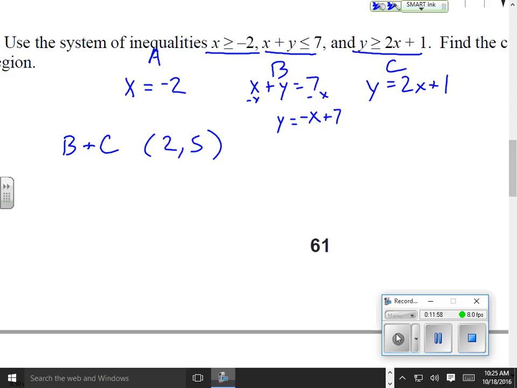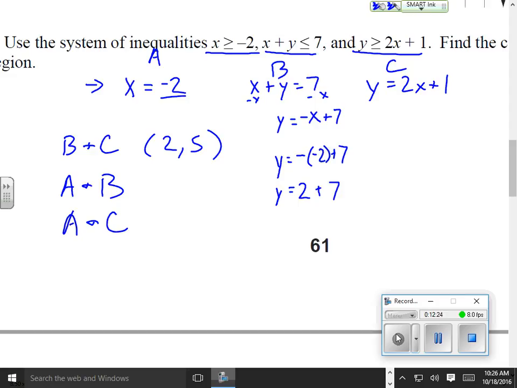Now, what about A and B, and A and C? I really can't put that into y equals because there is no letter y. So what I can do, though, is put negative 2 in for x. So y would be minus negative 2 plus 7, which would be positive 2 plus 7, or 9. So the intersection point between A and B would be the point negative 2, 9.